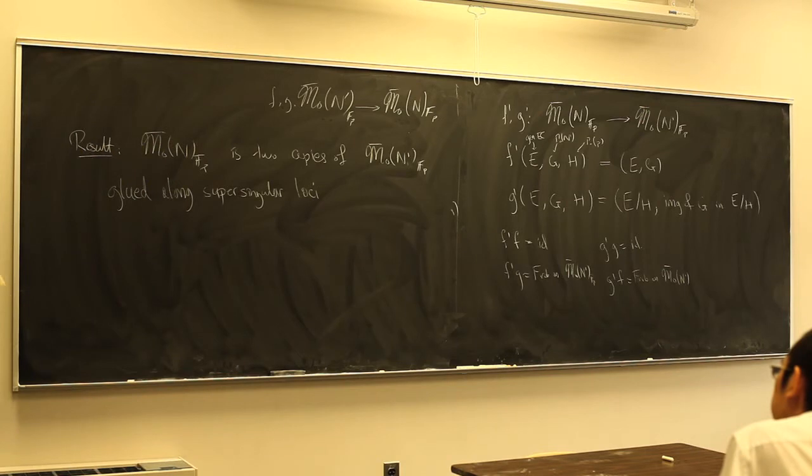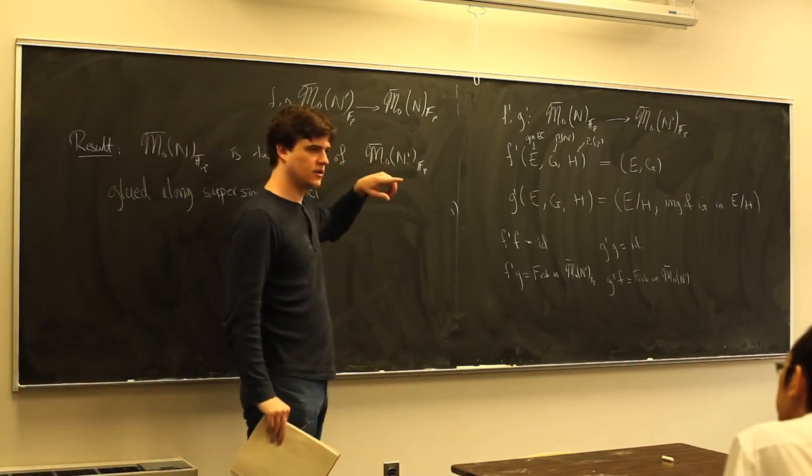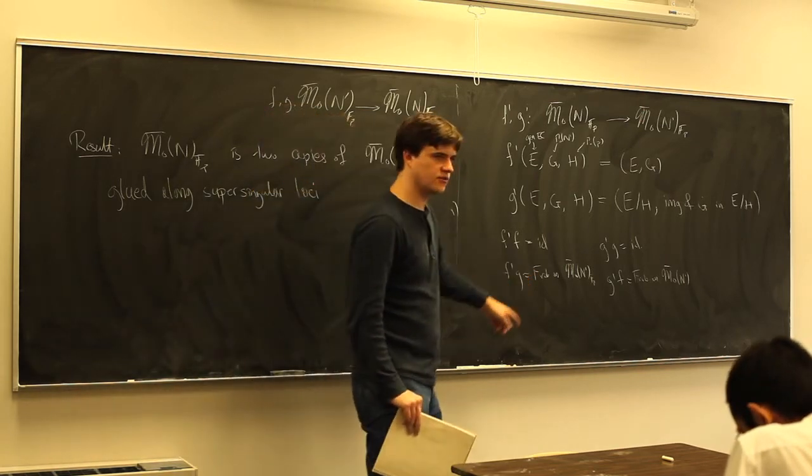And the gluing, in each one of these two copies you have the supersingular set, and you're gluing along the Frobenius map, because these compositions are Frobenius.